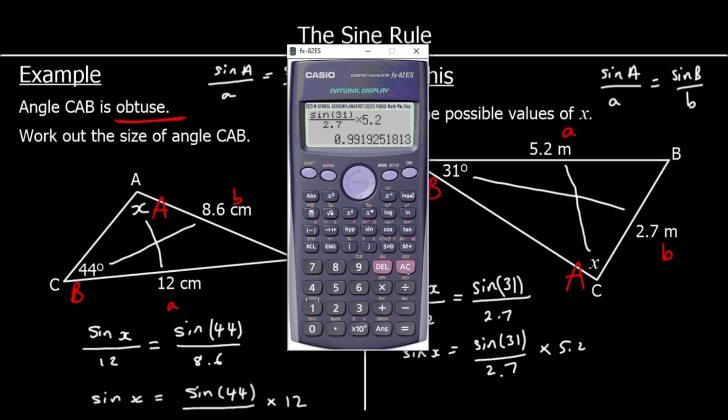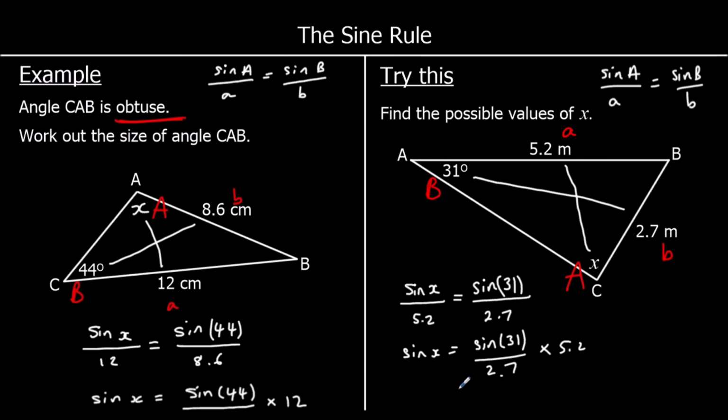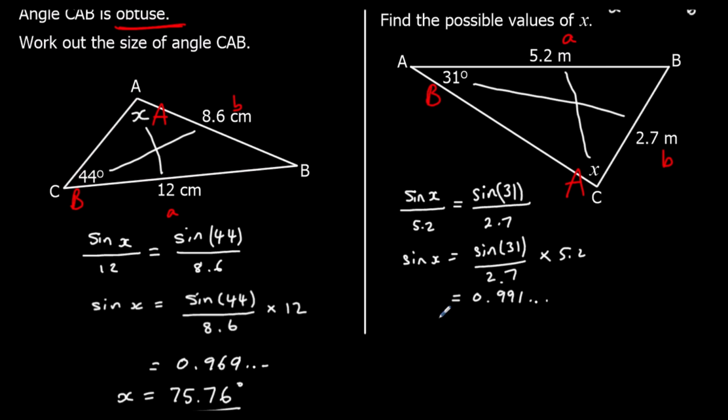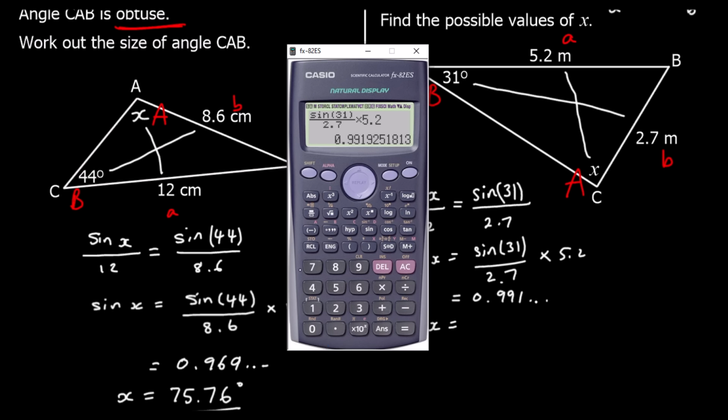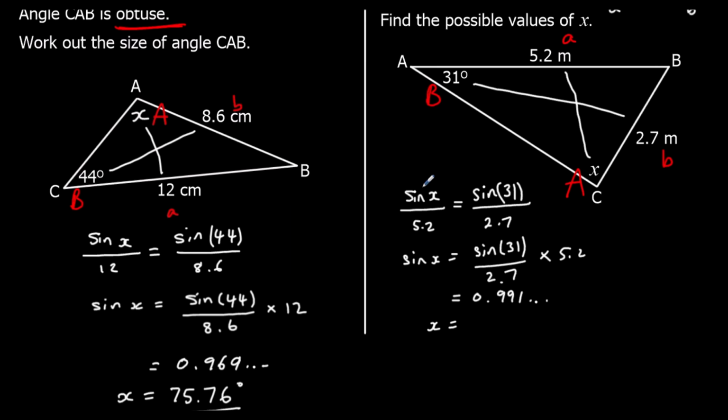So we've got 0.991 and so on. That's sine x. To get x by itself, I'm going to shift sine. So shift sine my answer, and that's 82.71 to 2 decimal places degrees. That's one possible answer.